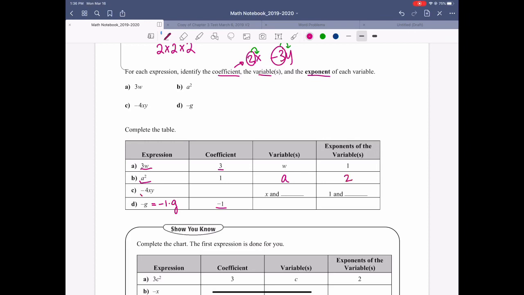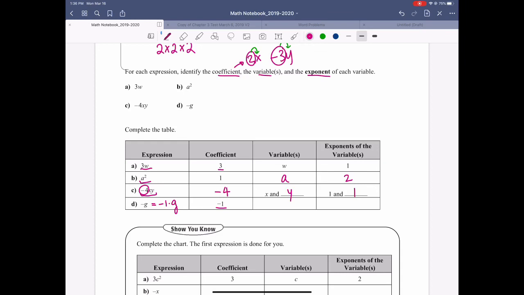Coefficient for this guy here, what's the number that's actually multiplied by x and y? It's the negative 4. So coefficient is negative 4, variable is x and y, and exponent of our variable is 1 for x because there's nothing on there. And the exponent here would also be 1 because there's nothing on y.